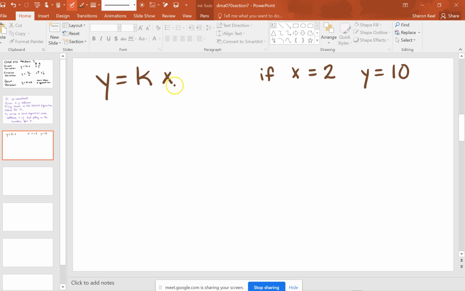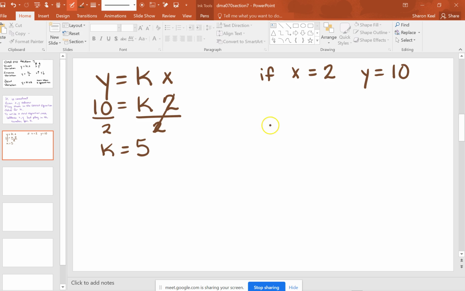I identified my equation and I was given the values for x and y. So I'm going to plug in 10 for y, k here, and 2 for the x. To solve for k, all I need to do is divide both sides by 2. And then k is equal to 10 divided by 2, which is 5. So that is my solving for the constant.